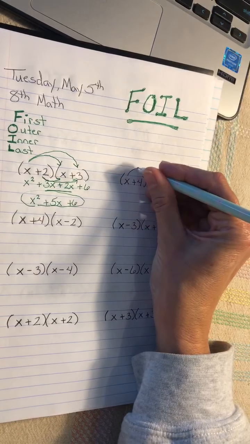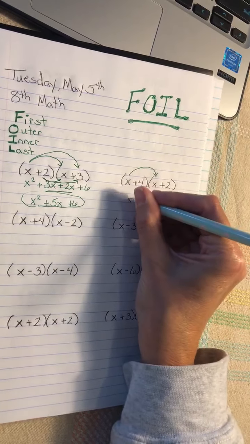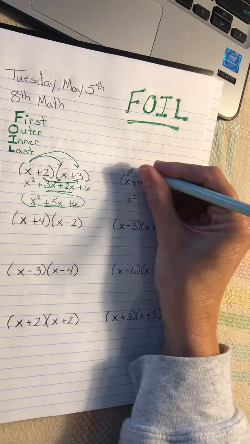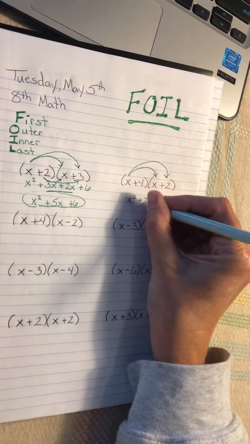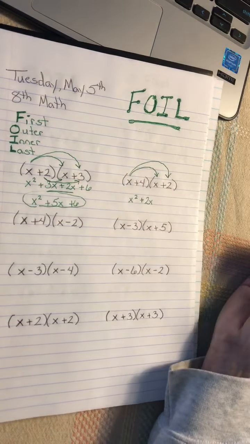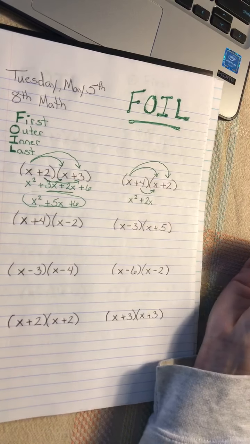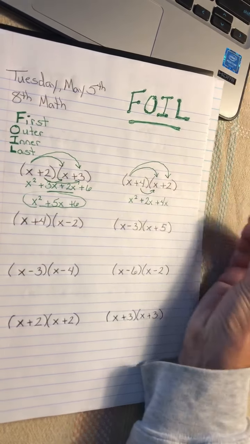First is x times x, which is x squared. Outer, x times 2 is 2x. Inner, 4 times x is 4x.